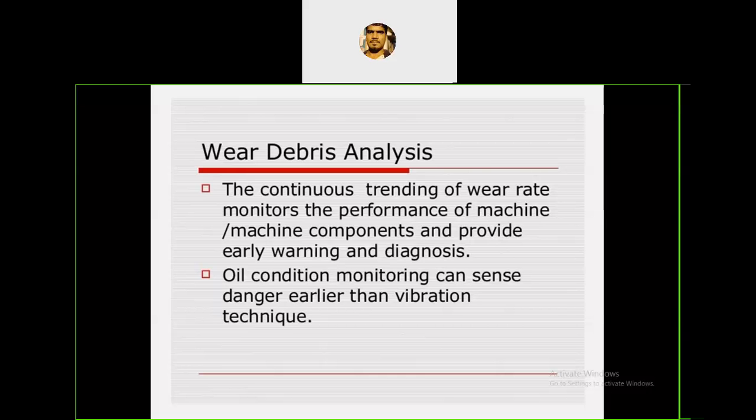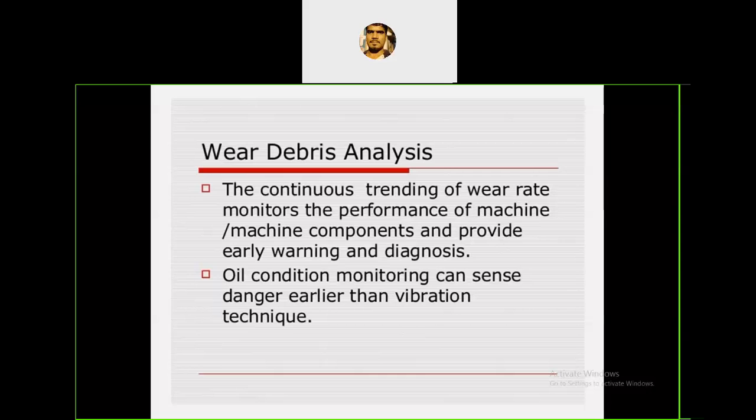If we use debris analysis in our components or equipment, we can monitor the wear mechanism and also get early warning before failure. We can easily correct whatever wear or fault is there with the help of this analysis.